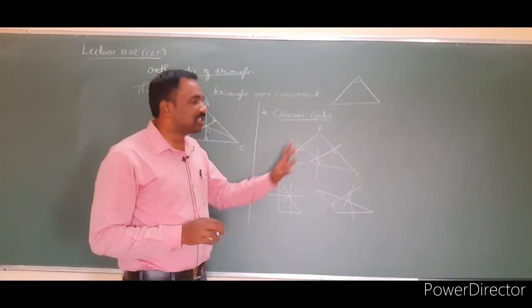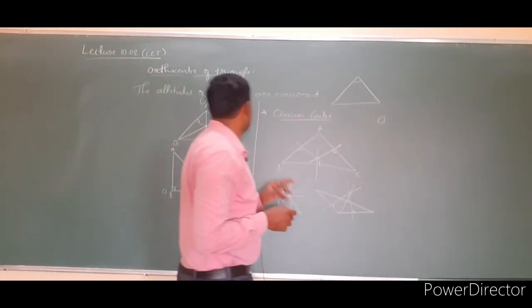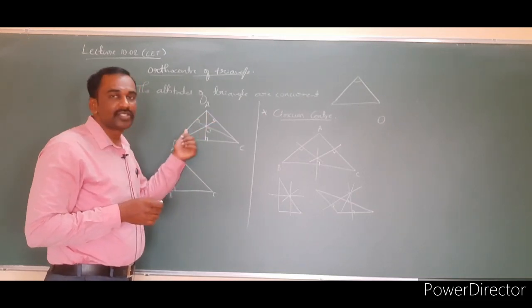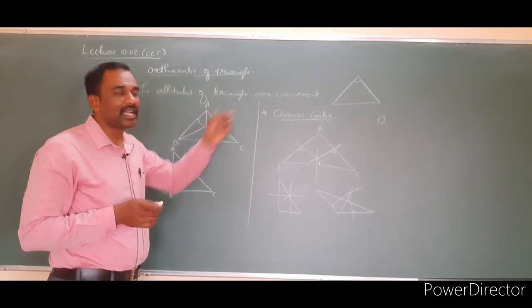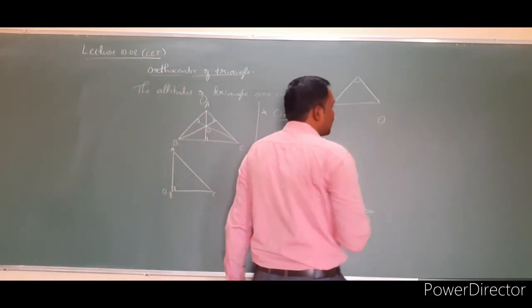Next, there is a relation between the orthocenter, centroid and circumcenter. Orthocenter, you already know, is the point of intersection of the altitudes of the triangle.